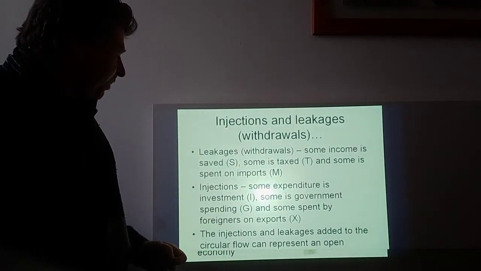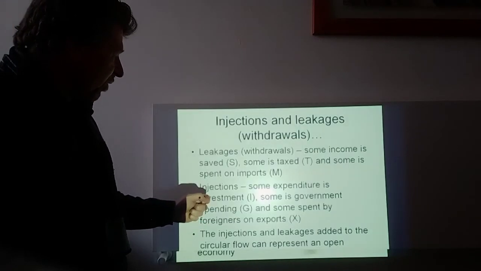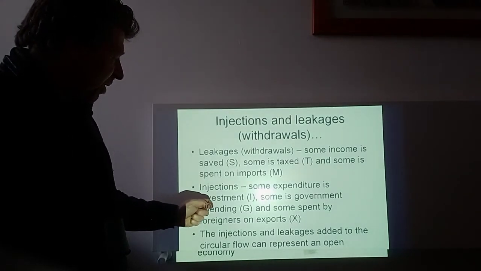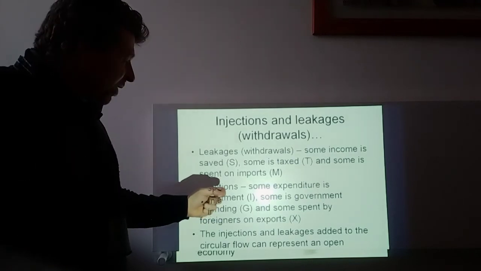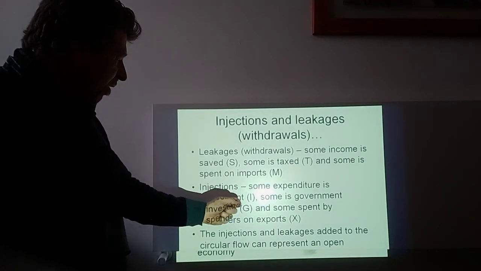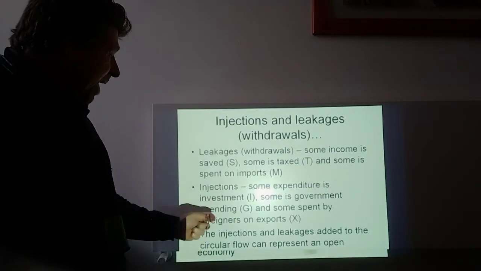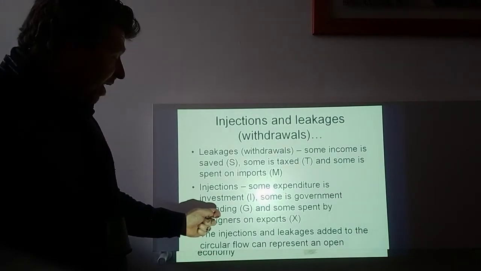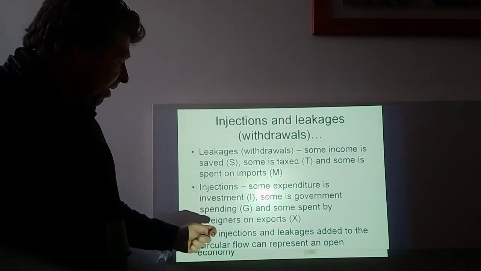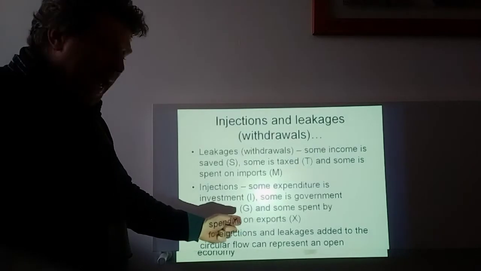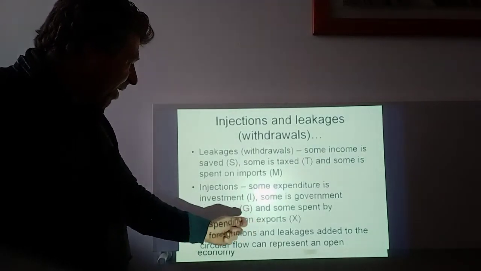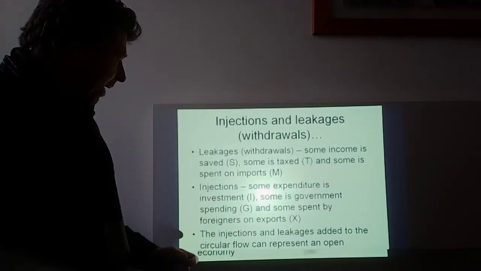So then we've got the injections. For example, investment can be introduced into this closed economy, and government spending. The government spends a lot of money. They can go into debt or print money or do whatever and introduce more money.